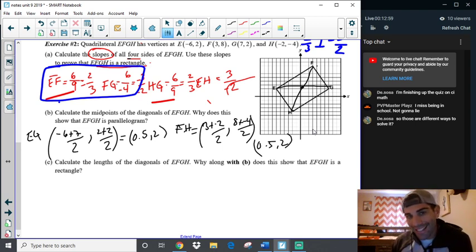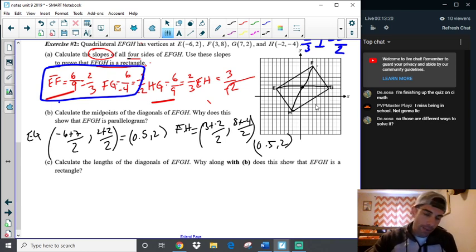So what is the difference for diagonals between a parallelogram and a rectangle? Well, for a parallelogram, the diagonals are not congruent, but for a rectangle, the diagonals are congruent. So if I find the distance of each one of these, then they should be the same. Therefore, now you're a rectangle.